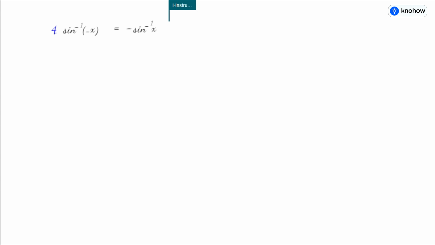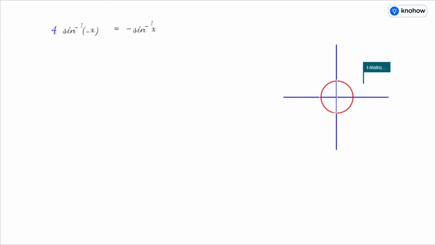What is common among these 3 inverse functions? That in all the 3, the principal value branch is negative pi by 2 to pi by 2, of course with exception. By that I mean in case of tan inverse x, this boundary negative pi by 2 to pi by 2 is not included.